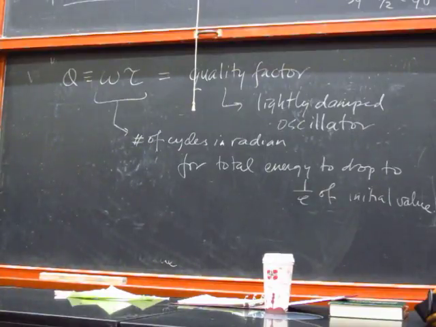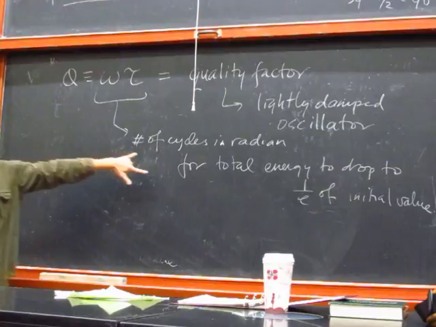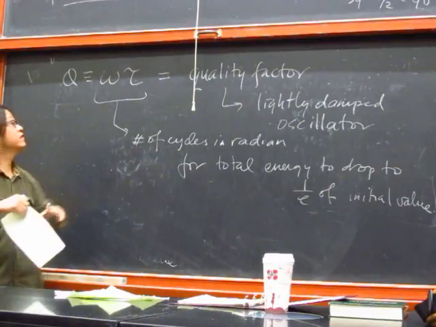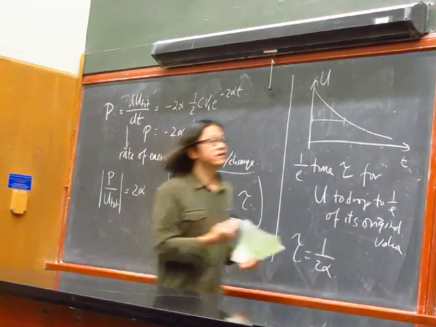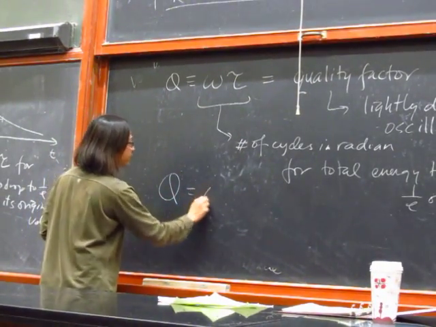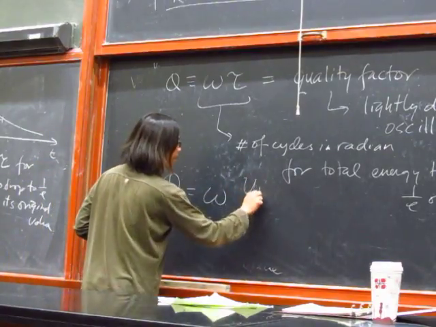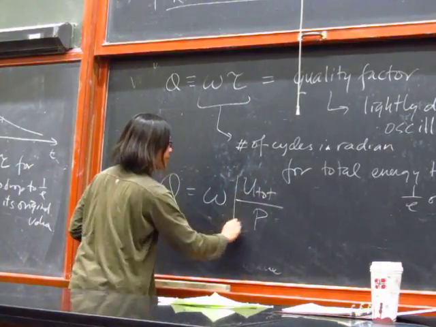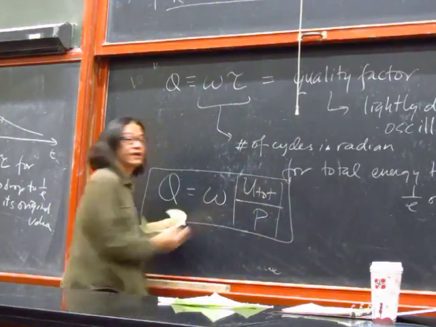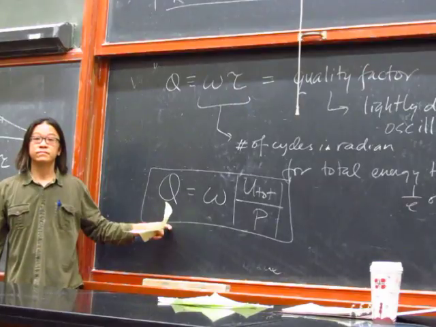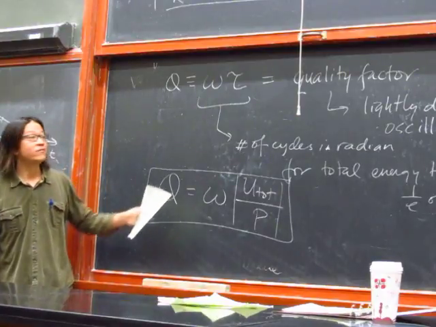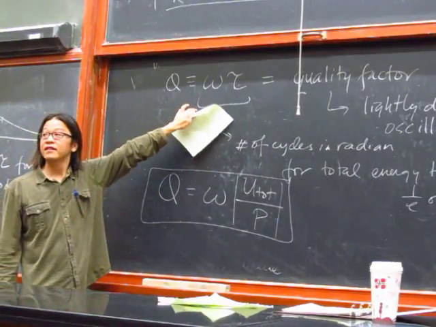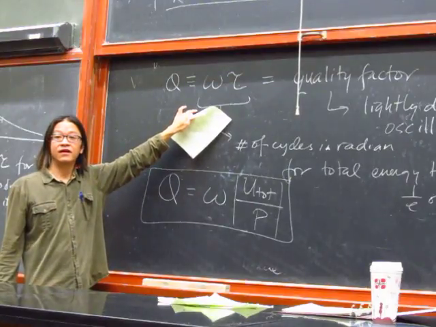But often, instead of writing it this way, you see it in the literature written differently: tau is just U total over P. So often in the literature, you see Q written as omega times U total over P. In fact, this is the definition for Q, but it is no more than just that.